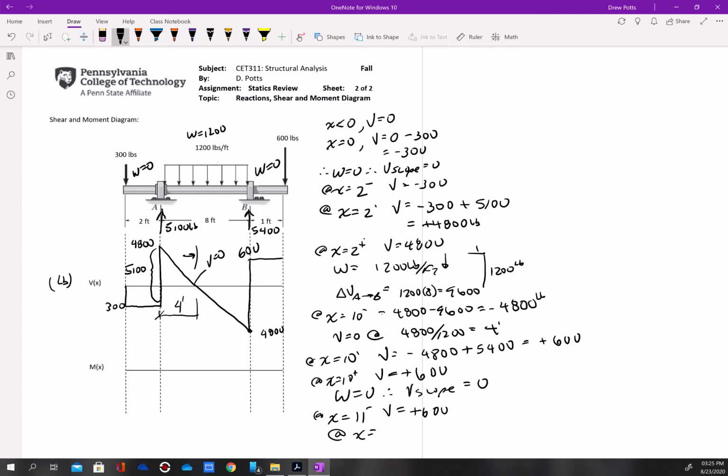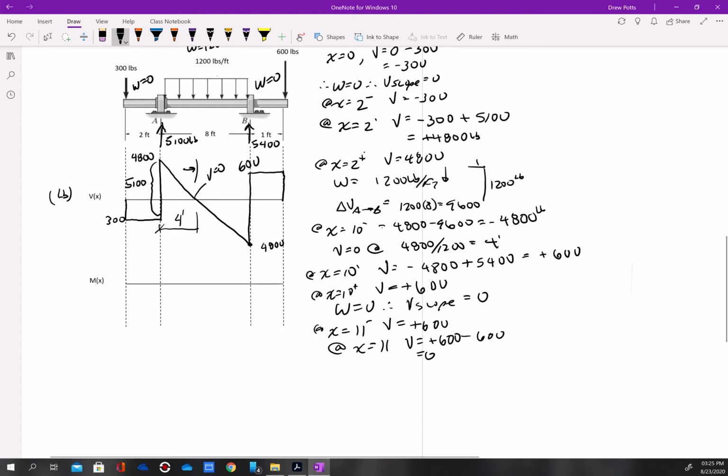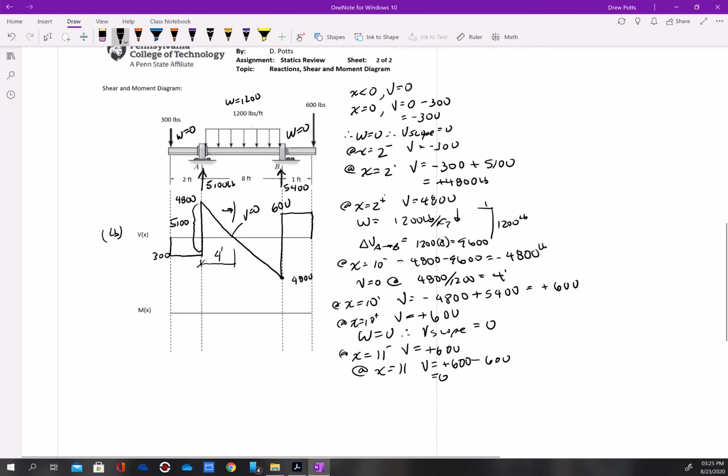At x equals 11, V is going to be plus 600 minus 600, which is 0. Okay, so this comes back down to 0. So there's the complete shear diagram. All right.